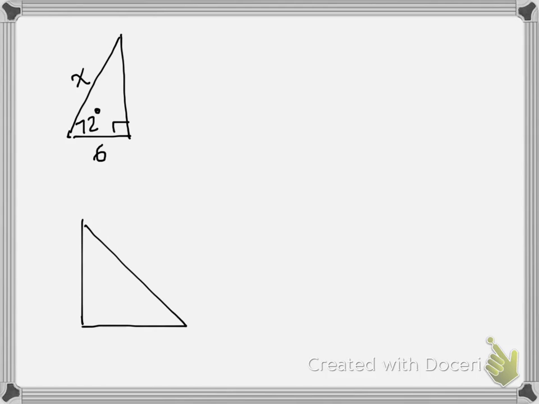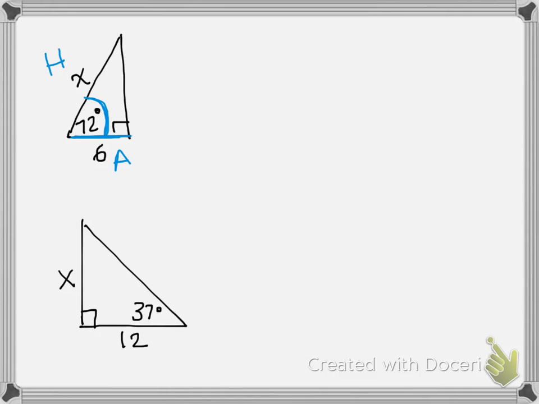For example, if we're given a right triangle, and this is 72 degrees and length of 6, and this is x, and then the next one is going to be 37 degrees and x and 12. We want to go from the angle that we're given, and from the angle that we're given, our adjacent and our hypotenuse.